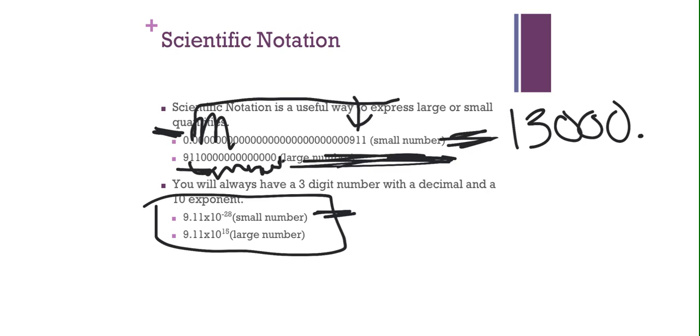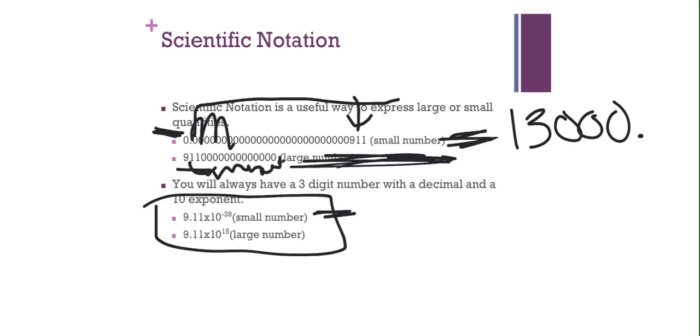I'm going to move my decimal until it's between the very first non-zero digits. So if this was 13,400, I can show you that example next. As you're moving your decimal, we want it between the first two non-zero digits that start the number.